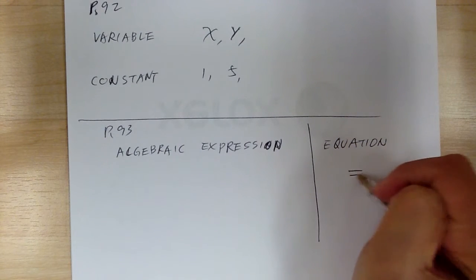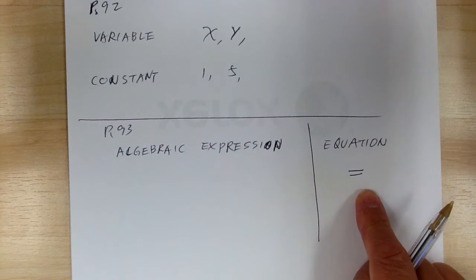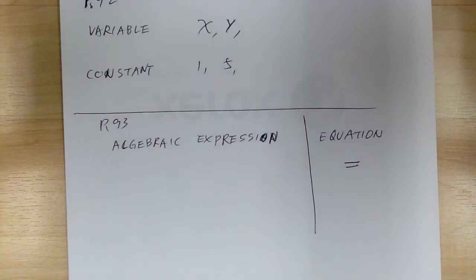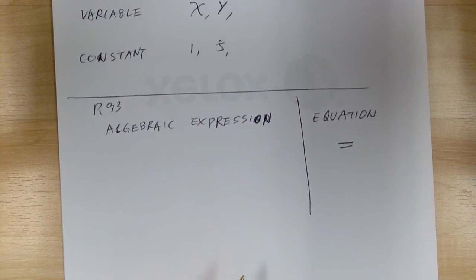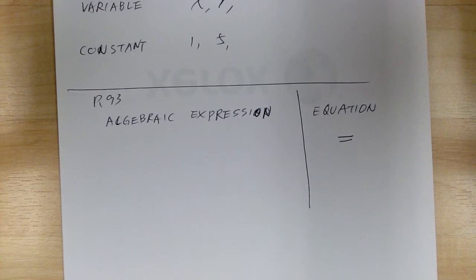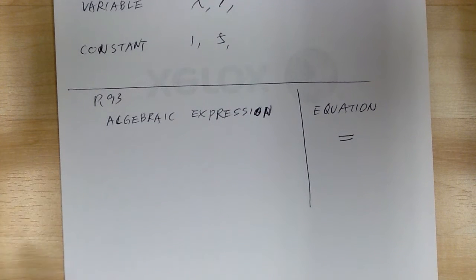So when you see an equal sign anywhere, then it's an equation. When you don't see an equal sign, it's an expression. Okay. And you can look at example 4. There's a whole bunch of examples. If you look at example 4, all those are expressions because you don't see any equal sign.